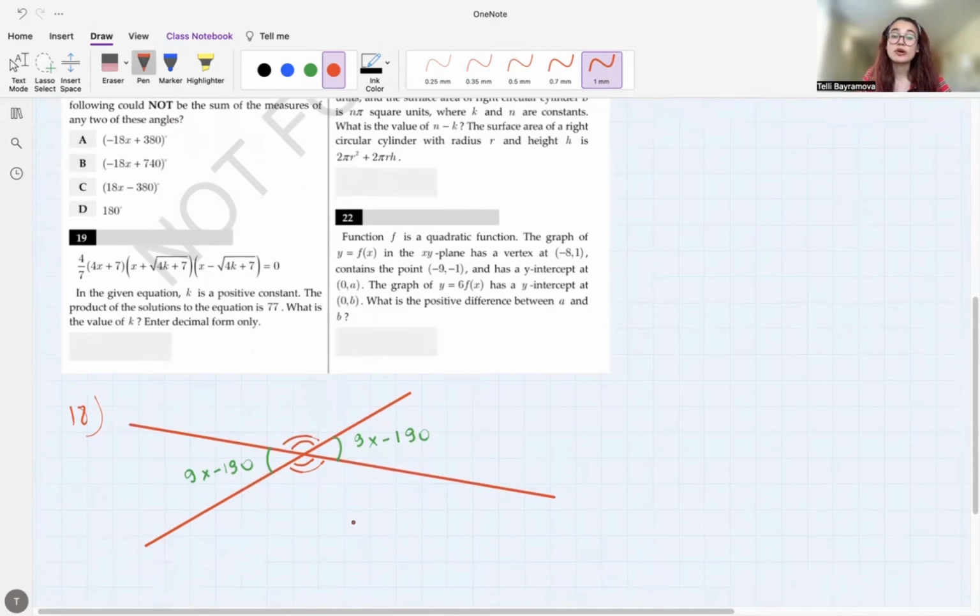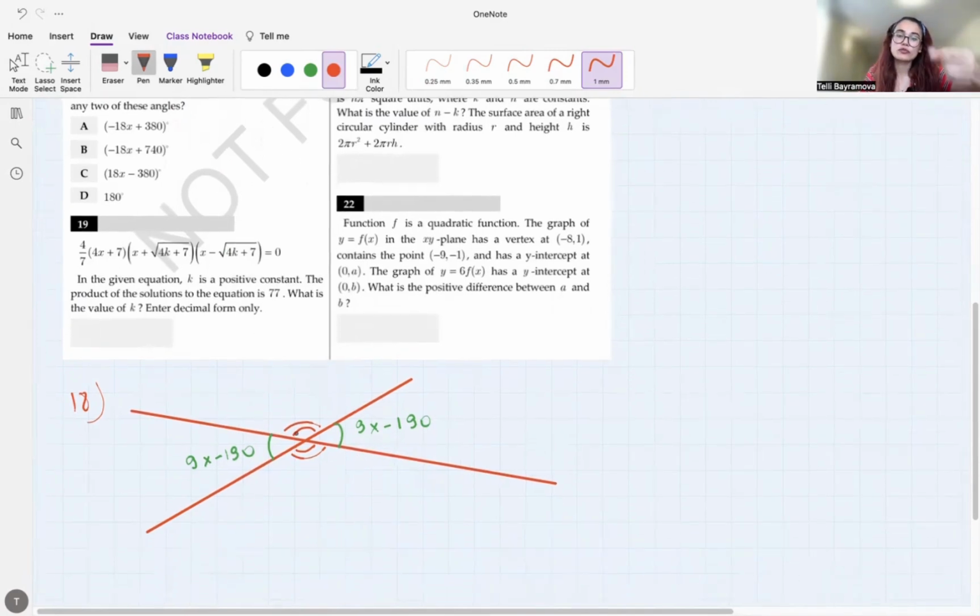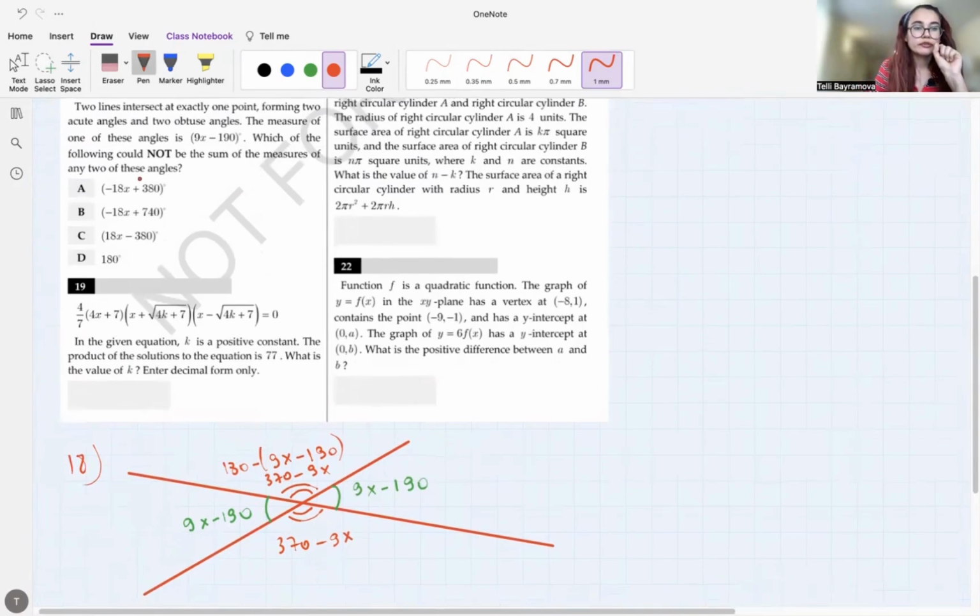So how can I find the obtuse angle then? You subtract from 180: 180 minus (9x minus 190). Let's calculate. It's going to be 180 plus 190, which is 370 minus 9x. Is that fine? So let's look at the question: which of the following could not be the sum of the measures of any 2 angles? I don't know which, acute, obtuse, or both obtuse, both acute.